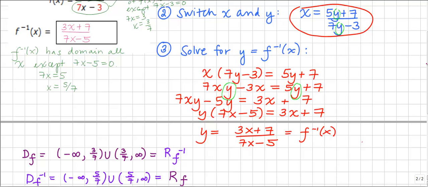If you graph it and then try to draw it out by hand, it'll make a little more sense to you. But again, the process is very clear cut. The hardest part is algebra. And then lastly, the domain of the function is the range of the inverse and vice versa.